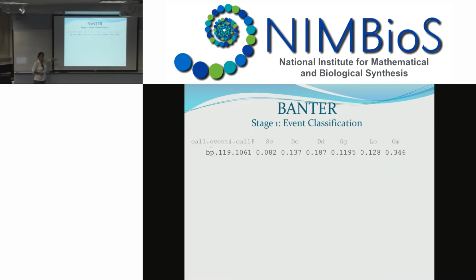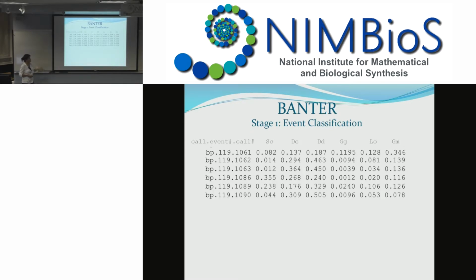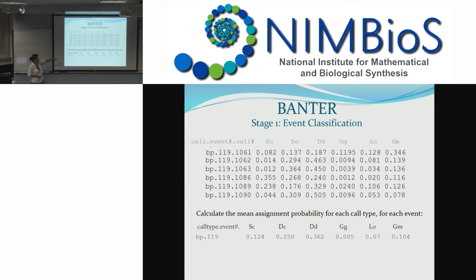So taking those results, but looking at it from a data point of view, we have a call from an event, and it's a BP, a burst pulse, and then we have this probability of assignment to each species. And then we do it for all burst pulse calls from that event. What we can do from there is calculate a mean assignment probability for each call type in each event.